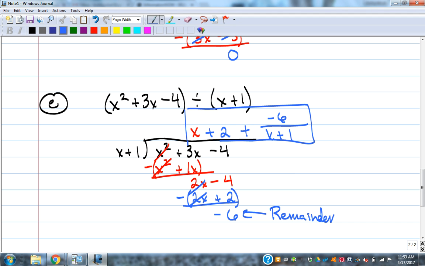No, so that's how I know I'm done. It has to have an x on it if I'm multiplying by x. So remainder on top, what we divided by on the bottom. It's kind of like a mixed number, but it's a mixed polynomial because it's got a fraction in it.